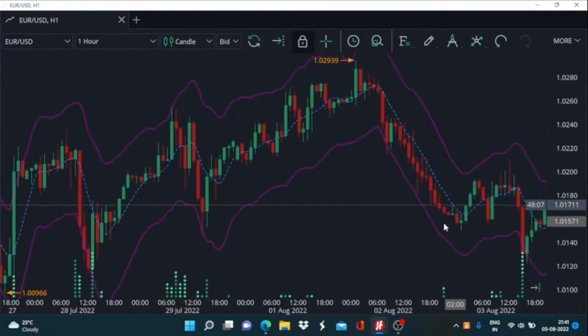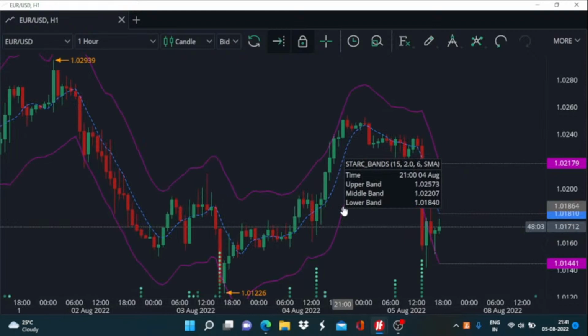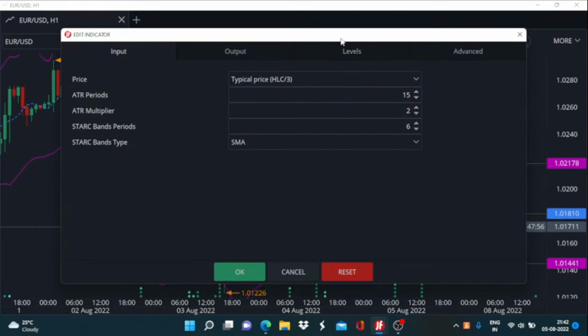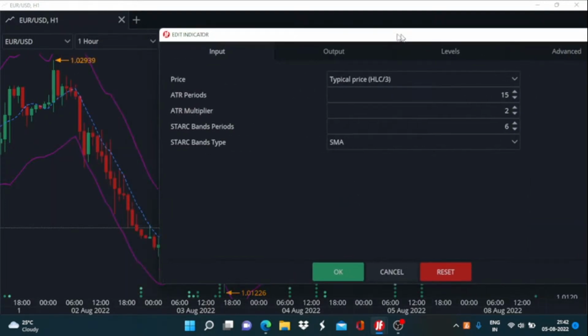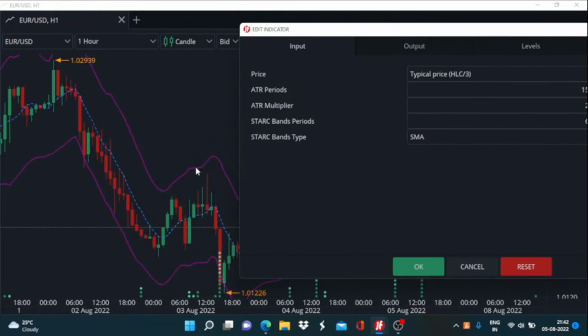Now let us see what kind of customizations we can make with these editing options provided on the platform to arrive at combinations which are likely to bring us money rather than losing money. So this is the applied price for the given indicator.